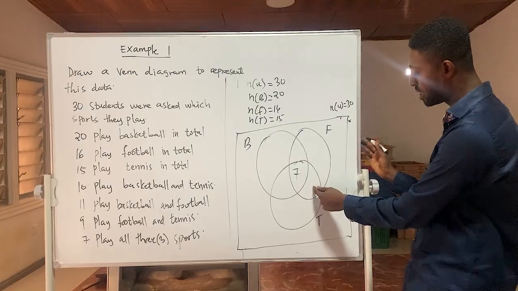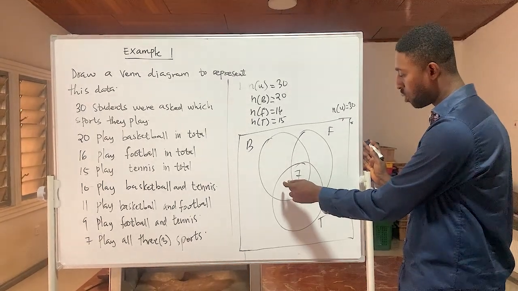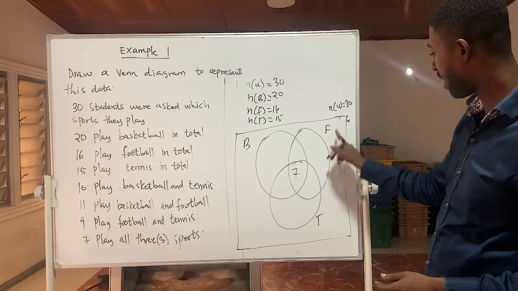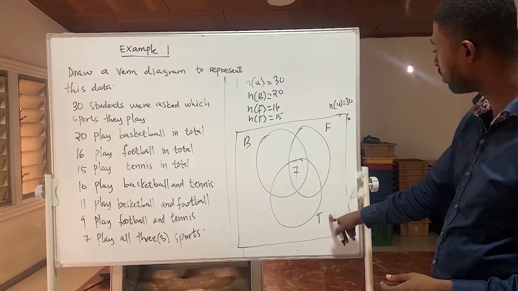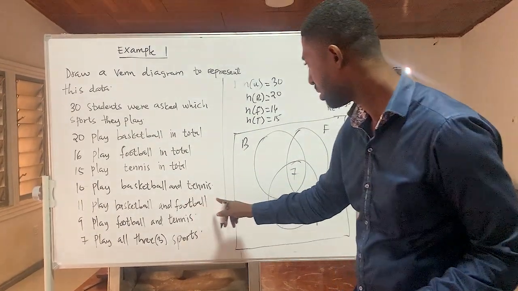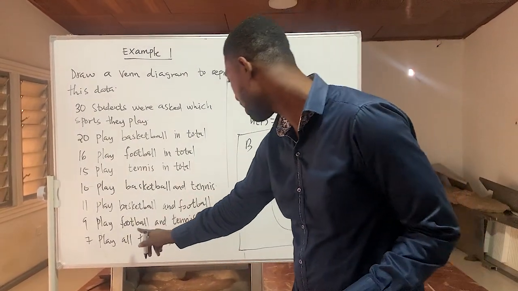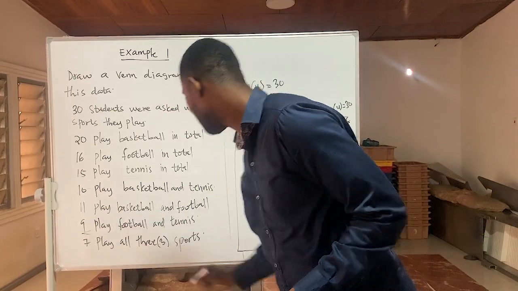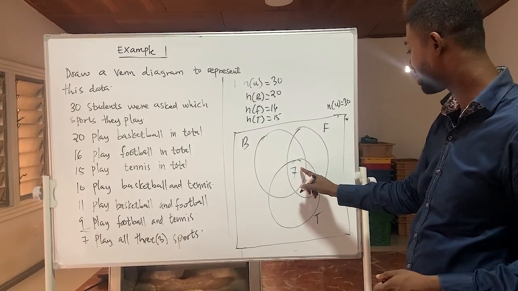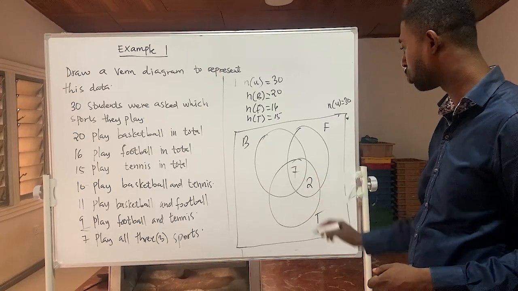Then you move on to either here or here or here. So students who play both football and tennis, that is 9. You subtract 7 from 9, you have 2.